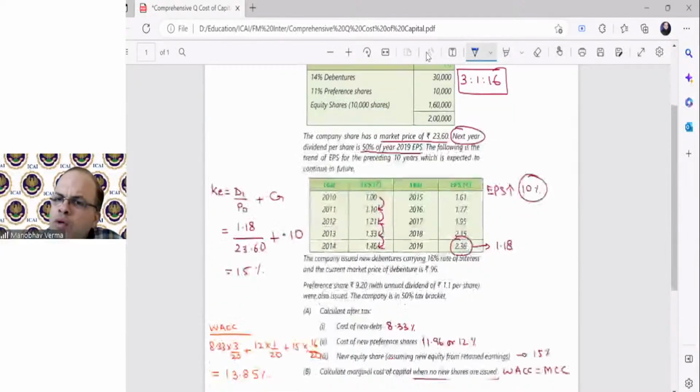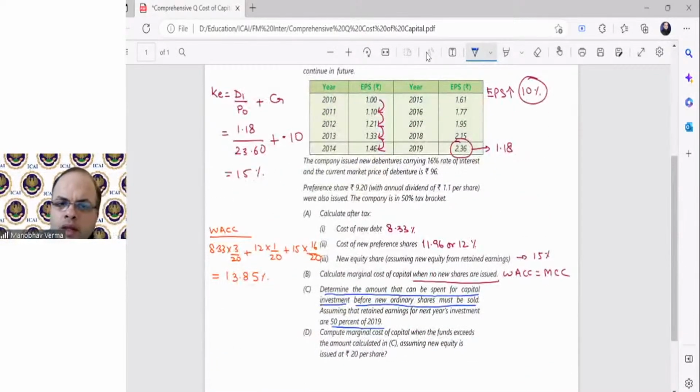Retained earnings for 2019 is 50% of 2019, right? So what are we looking at? Anyone? I think 2.36. Guys, 50% is what we are paying as a dividend.